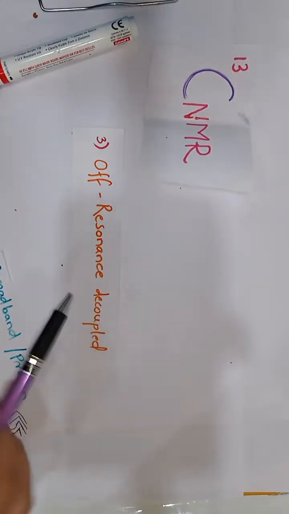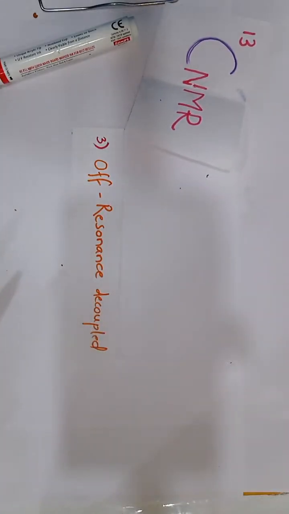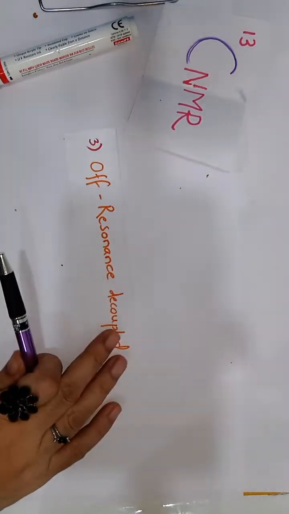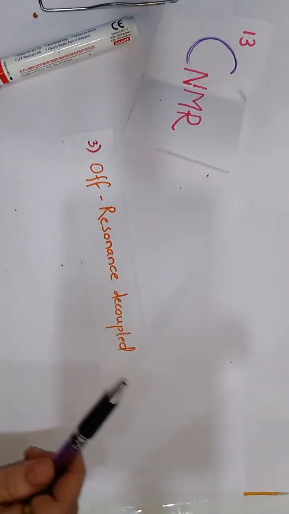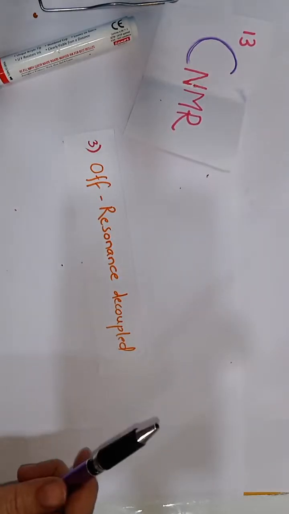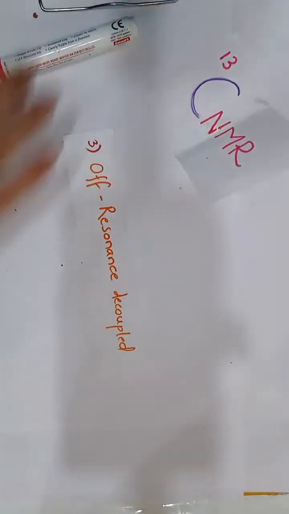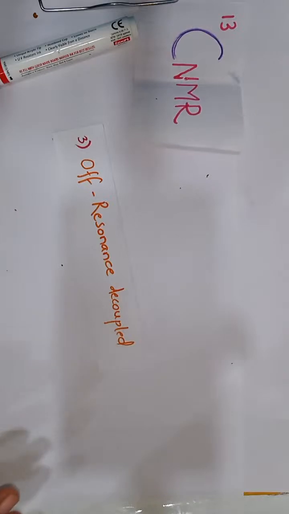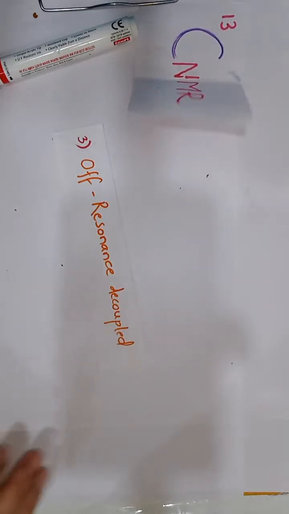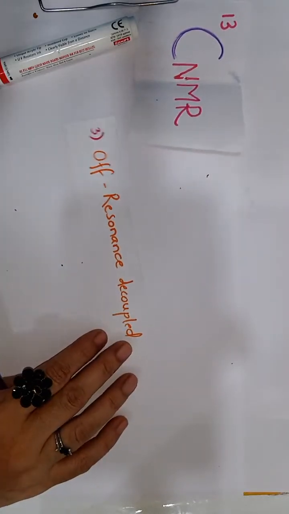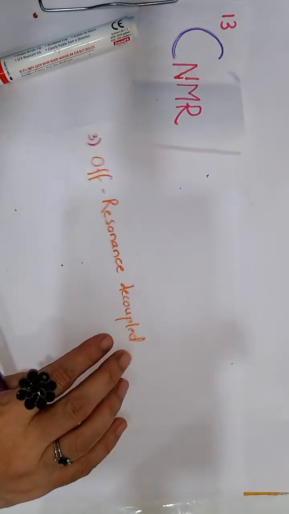Off resonance decoupling technique solves this kind of problem, as it can provide coupling information along with relative simplification in appearance of the spectrum. Now, how is this achieved? It is achieved by irradiating the sample at a frequency close but not coinciding with the resonance frequency of protons.